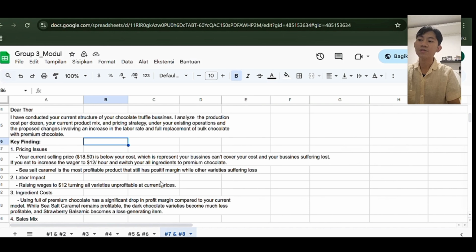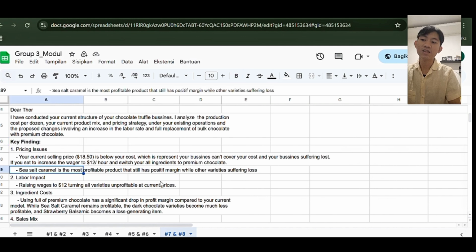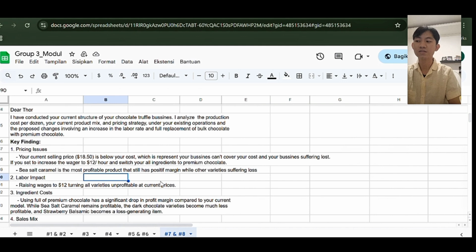If you set to increase the wages to $12 per hour and switch all ingredients to premium chocolate, it's a bad idea. Sea salt caramel is the most profitable product that still has a profit margin, while other varieties suffer losses. And on labor impact, raising wages to $12 turns all varieties unprofitable at current prices.